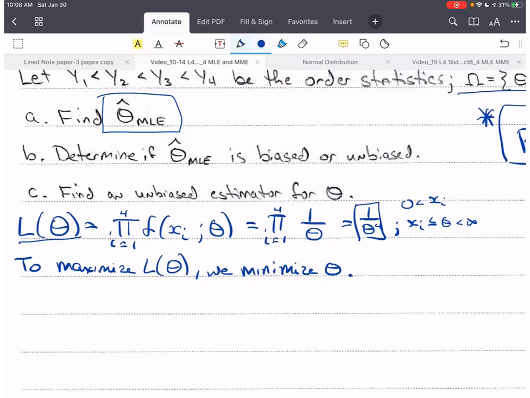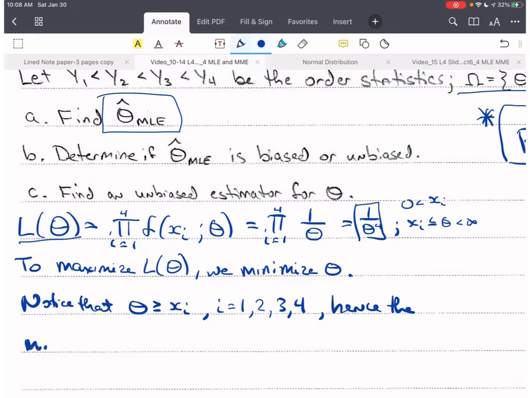Now, to do this, notice that theta is greater than or equal to x_i for i equals 1, 2, 3, and 4. Hence, the minimum of theta is theta hat, and we'll call it MLE, which is the maximum of x_i.